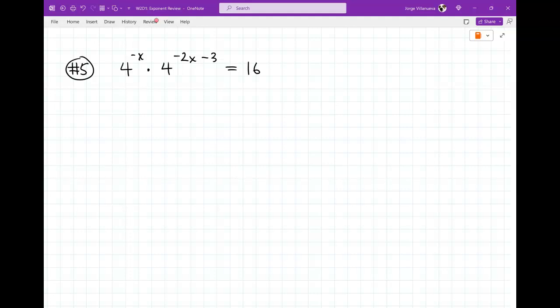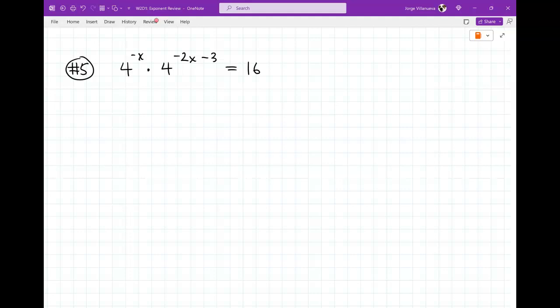What I'm basically trying to say is 4 to the negative x times 4 to the negative 2x minus 3 is not 16. It doesn't come out 16 to a new power. The 4 times the 4, the big numbers, they stay the same. The bases don't change. The powers do. Okay? When you're multiplying the same base, the bases won't change.